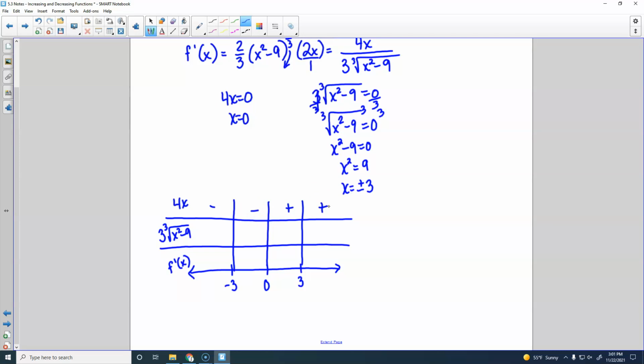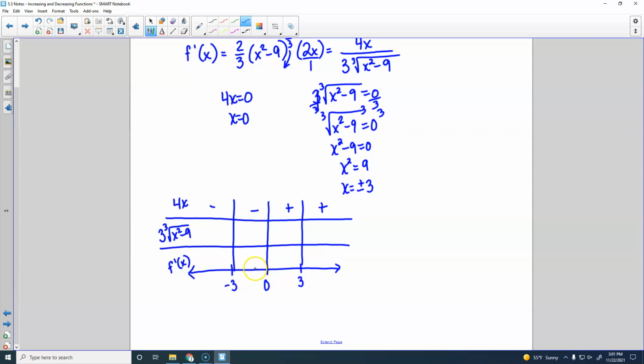We made these charts with inequalities. We're not going to plug in the numbers 0. We're plugging in numbers between negative 3 and 0, like right there.